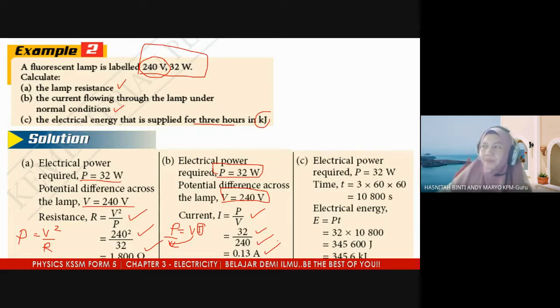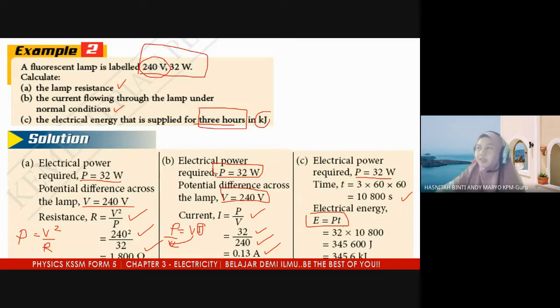And then C, find the electrical energy supplied for 3 hours in kilojoule. You must be alert with the unit they want you to write, kilojoule. Again, the power is 32 watt. This is the time of operation, 3 hours, so in second it is 10,800 second. This is how we write electrical energy when given power and time, the general formula.